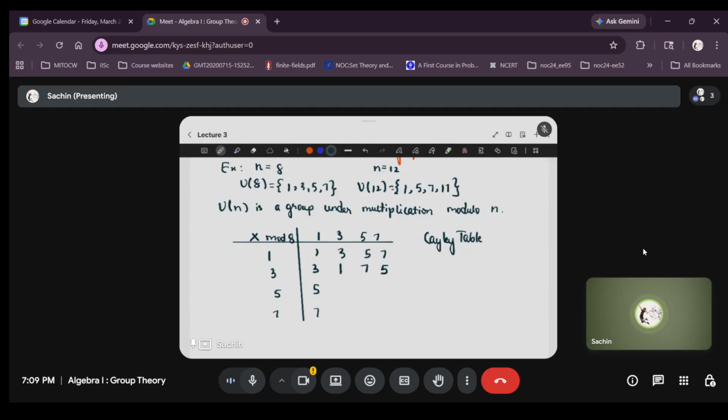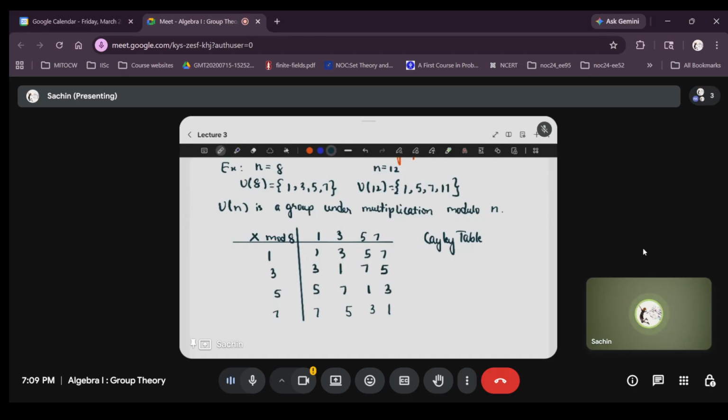And this is commutative, so 3 times 5 will be same as 5 times 3. So 5 times 3 is 7, and 7 times 3 is same as 3 times 7, which is 5. 5 times 5 is 25, which is 1 mod 8. 5 times 7 is 35, which is 3 mod 8. 7 times 5 is 5 times 7, so this is also 3. And 7 times 7 is 49, which is 1 mod 8.